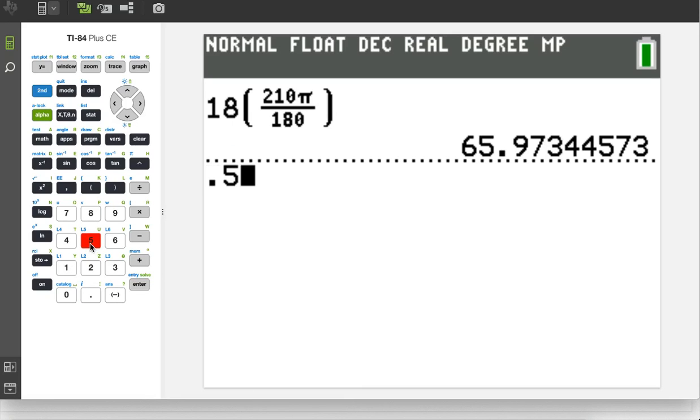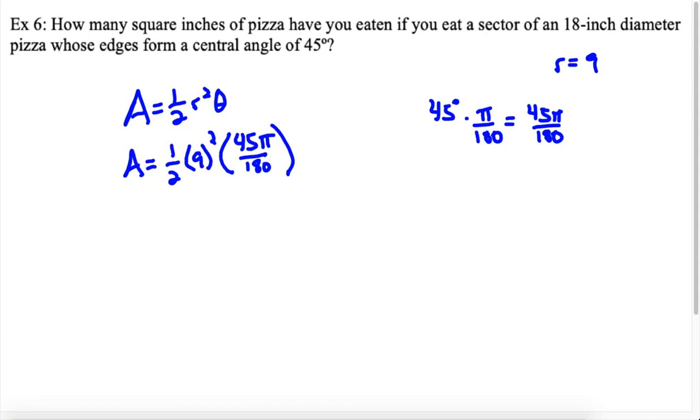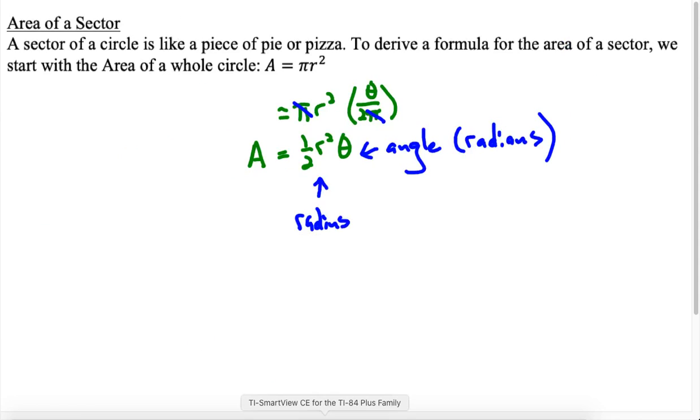So 1/2 times 9 squared, oops, times 45 pi over 180.